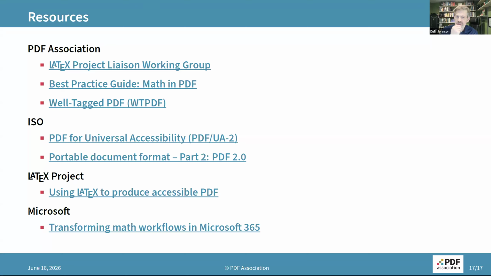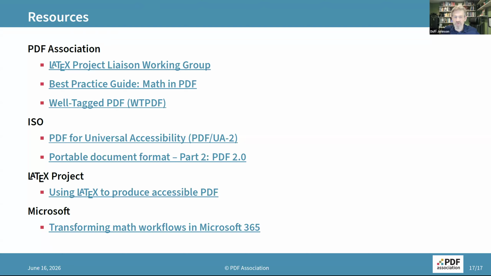So this question, let's see here. How many new test conditions will be introduced to the Matterhorn protocol to support MathML and PDF accessibility? That's probably a question for me, I guess.